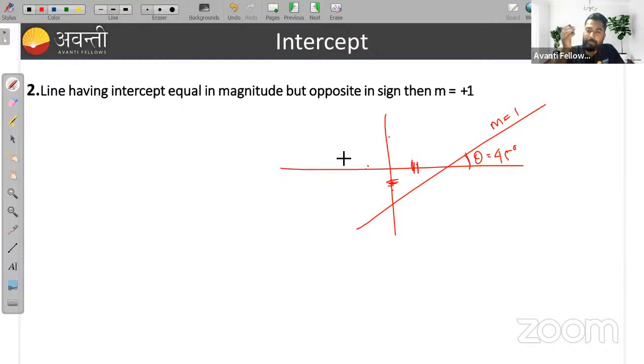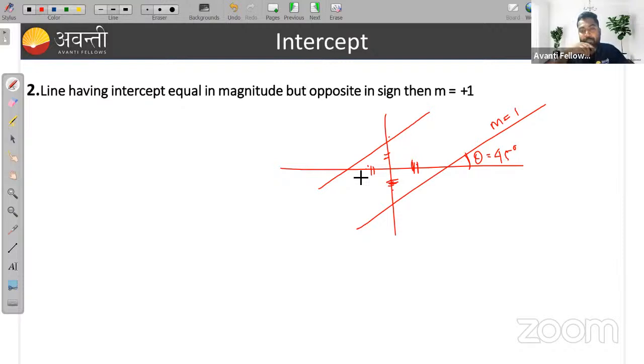So what is the case of -1? I already told you, no? In this case, it will be -1. In this case, it will be +1. Right? And only these are two cases, no? In this way also we can draw, but in this case, what is the slope of this line?